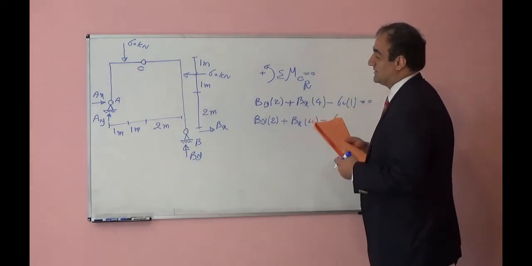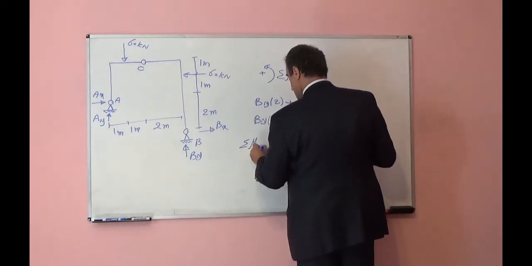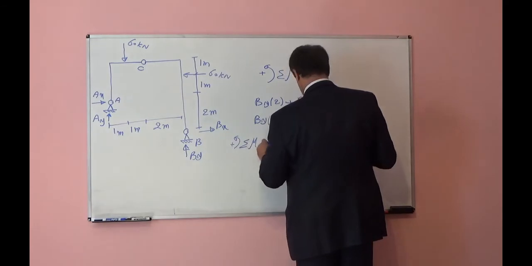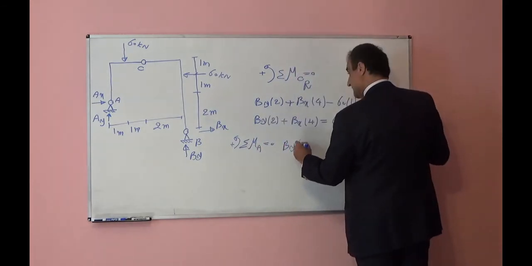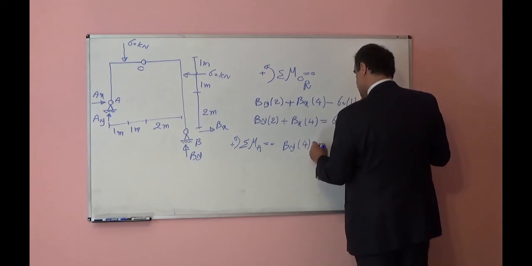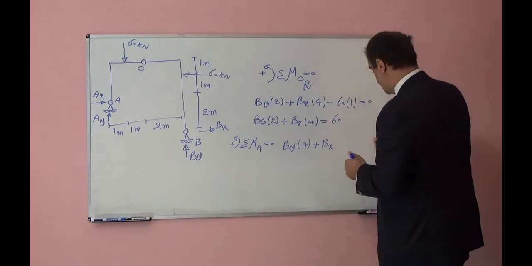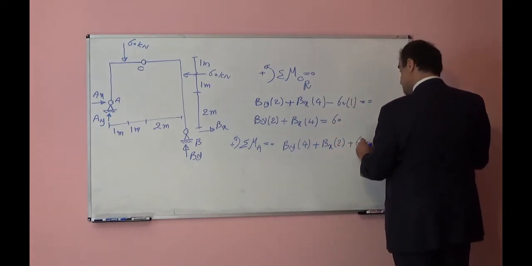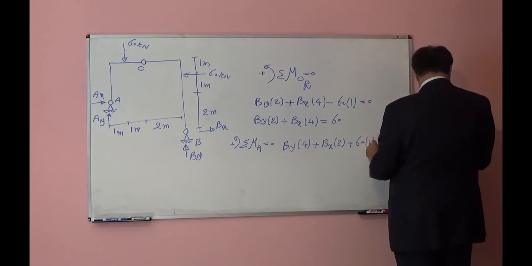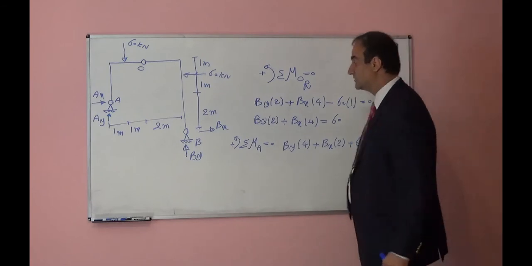Now let's take moment with respect to point A. What do I have? By times 4 plus Bx times 2 plus 60 times 1 minus 60 times 1 is equal to 0.